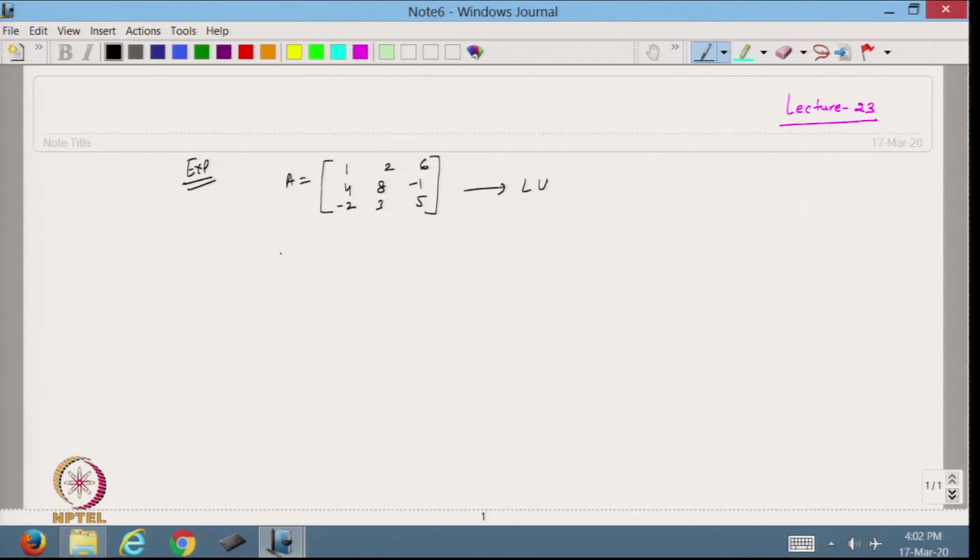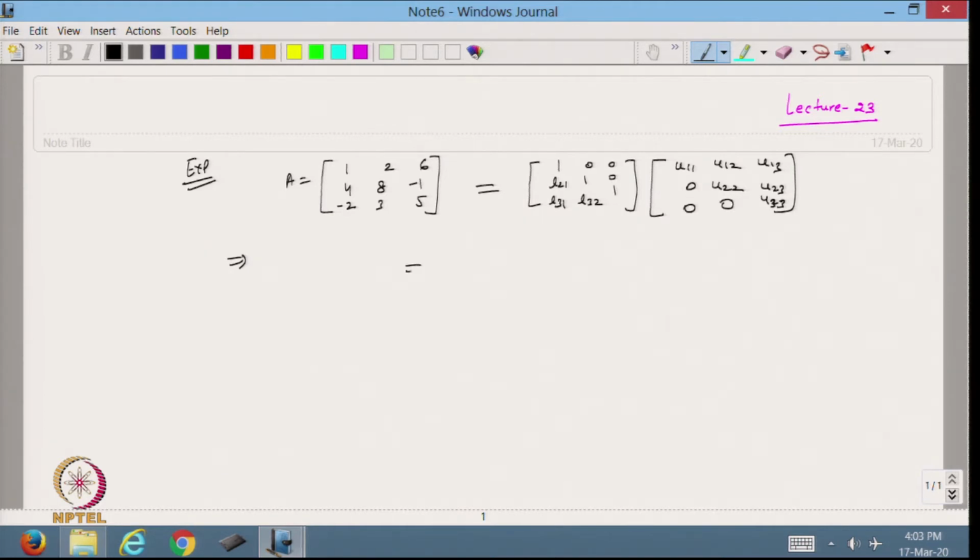In this case I will put L equal to 1, 1, 1 with L 2 1, L 3 1, L 3 2, into U 1 1, U 1 2, U 1 3, and U 2 2, U 3 3 and U 2 3.